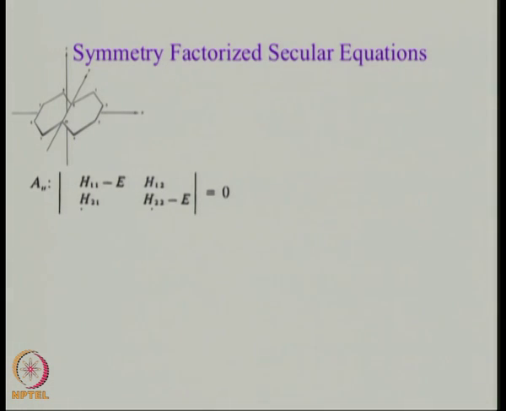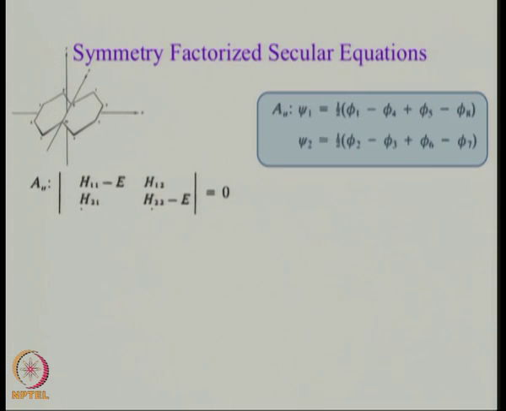This is the easiest equation. How do I solve? I solve by using the wave functions psi 1 and psi 2. Now, we actually have to work out what is H11. Are we ready for that? Let us see.